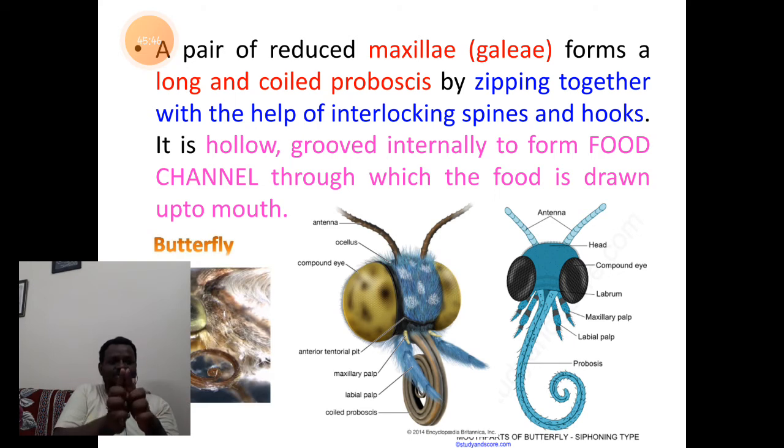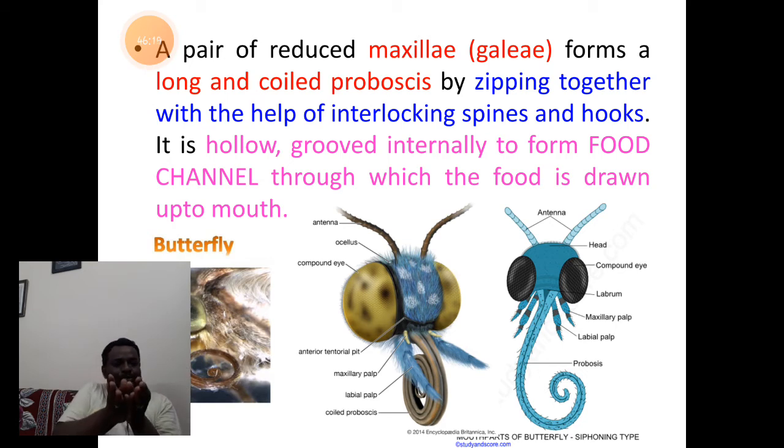You might have seen a zipper running along two sides. Similarly, you have it here. It is compared to zipping structures because there is an interlocking between spines and hooks seen on the margins of the two maxillae, that is two galeae. So the galeae of right and left have extensions of hook-like and spine-like structures. When they both come closer together, it forms like a zip.